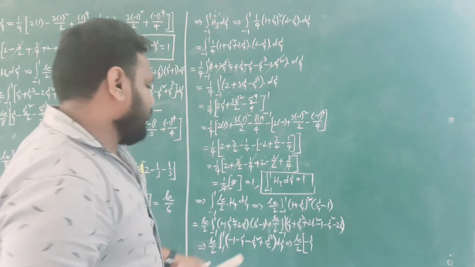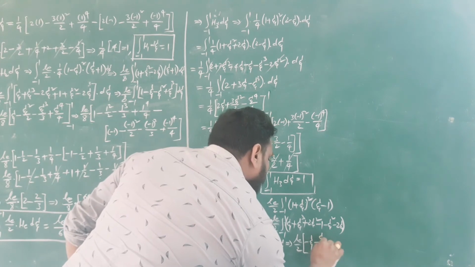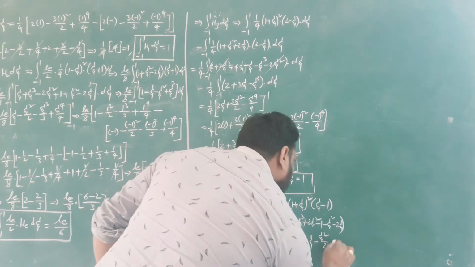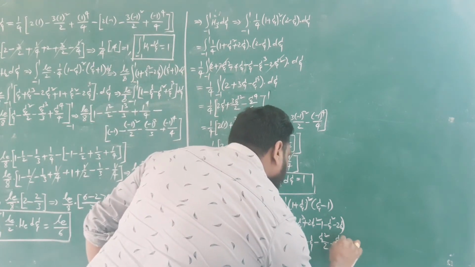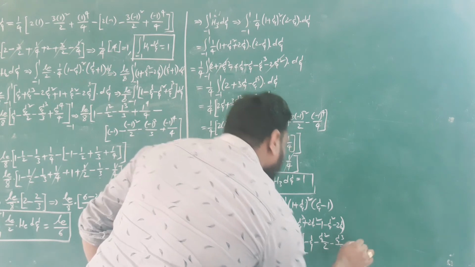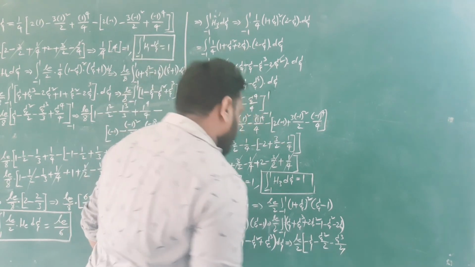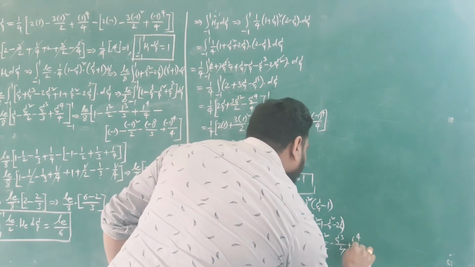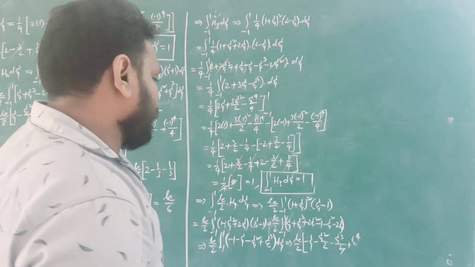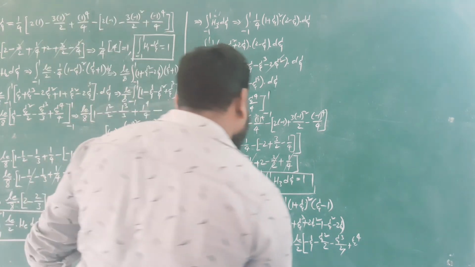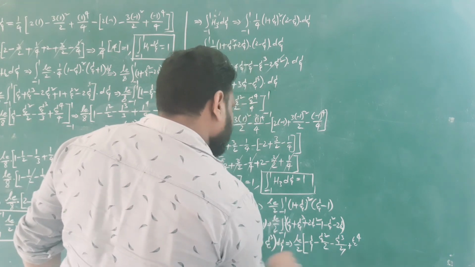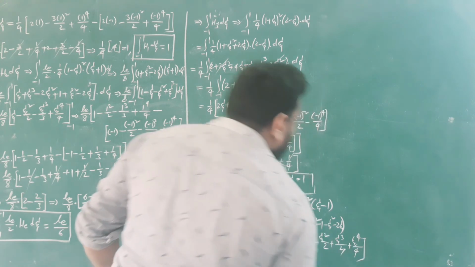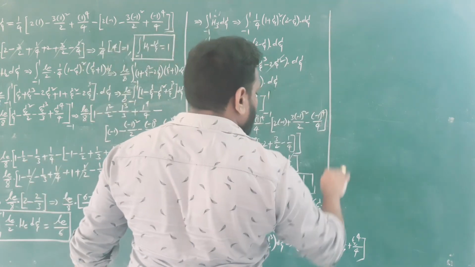Okay, j integration is j square by 2, j square integration is j cube by 3, and j cube integration is j power 4 by 4. Here j square is positive, here is also positive. This is the final equation we got.